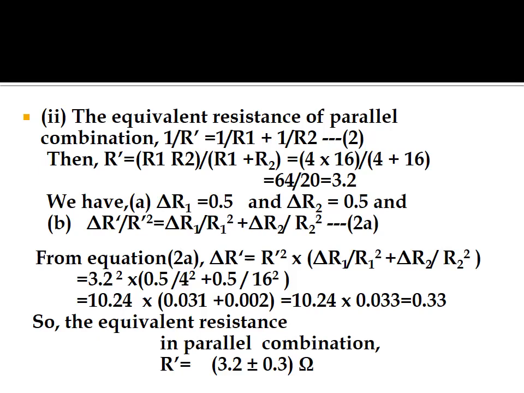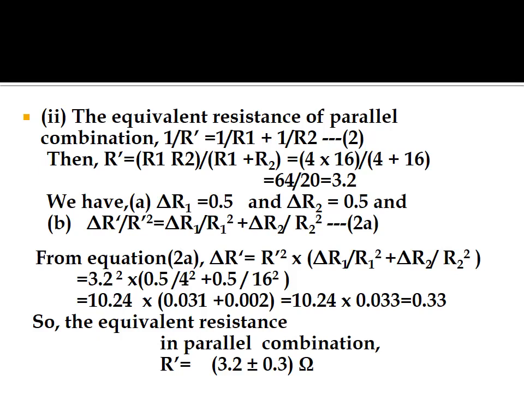We have delta R1 is equal to 0.5 ohm and delta R2 is equal to 0.5 ohm, and delta R dash divided by R dash square is equal to delta R1 by R1 square plus delta R2 by R2 square, which is equation number 2a.